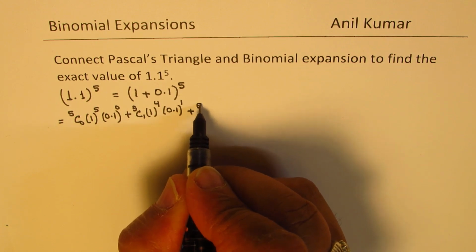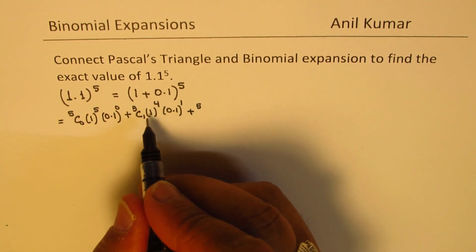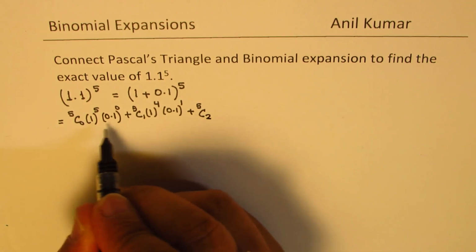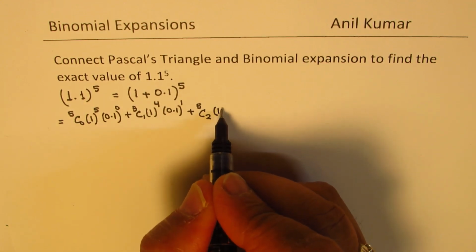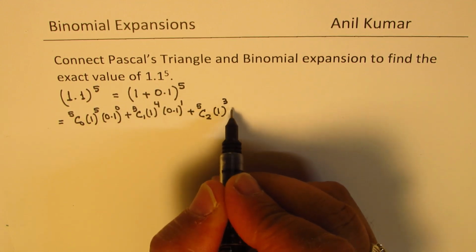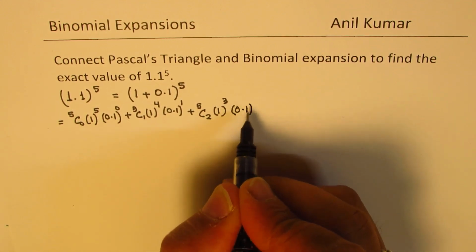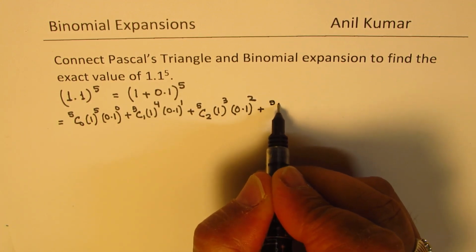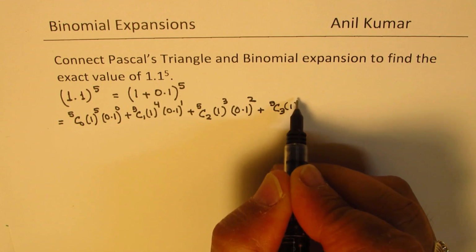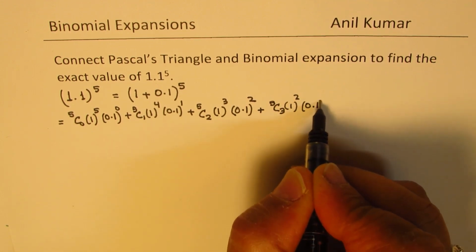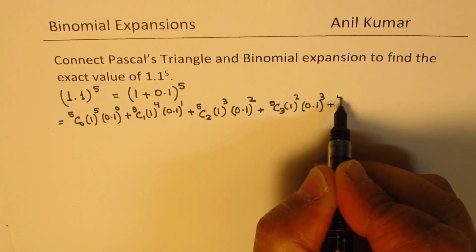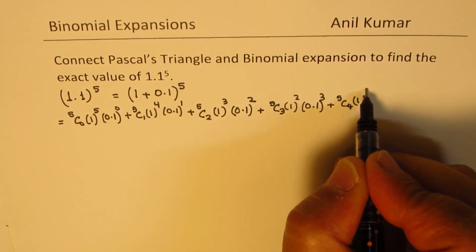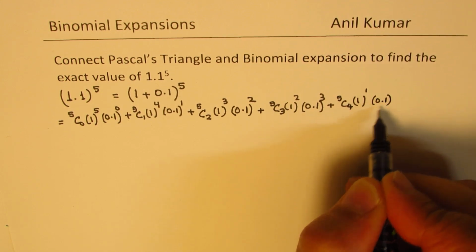Now, of course, when there is 1, we don't really have to write 1 to the power of anything, since it is 1. But it is important here to understand the pattern. So I'm writing 1 to the power of 3 this time, 0.1 squared, plus 5C3, 1 to the power of 2, 0.1 cubed, plus 5C4, 1 to the power of 1, and 0.1 to the power of 4.